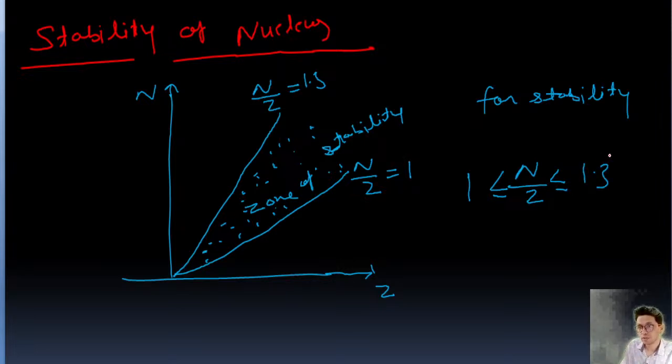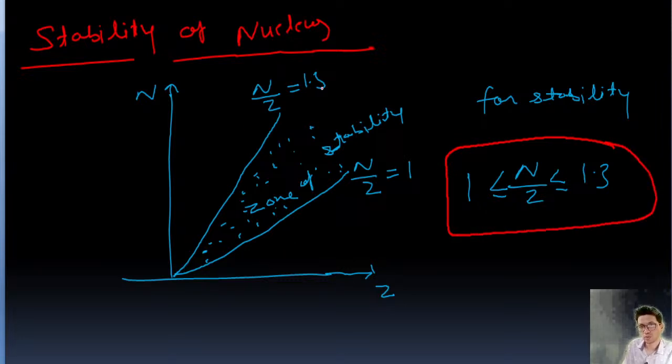This is the stability region of the nucleus. If the ratio of N by Z is between 1 to 1.3, then that nucleus is a stable nucleus, guys. Graphically we can represent it like this: this is the graph between N and Z, with N by Z equal to 1 and N by Z equal to 1.3. This dotted region is the stable region.